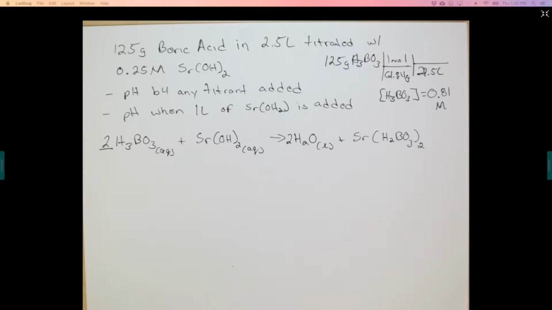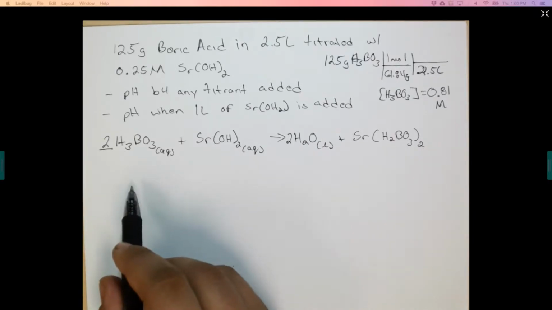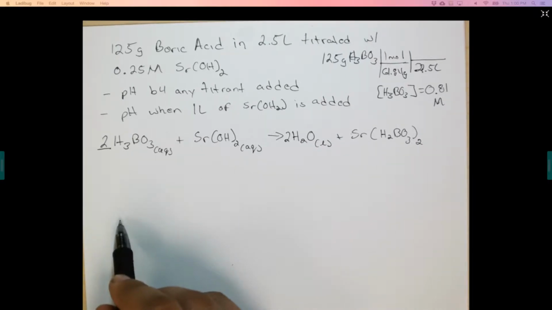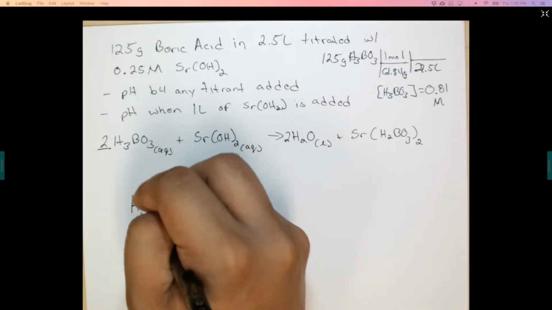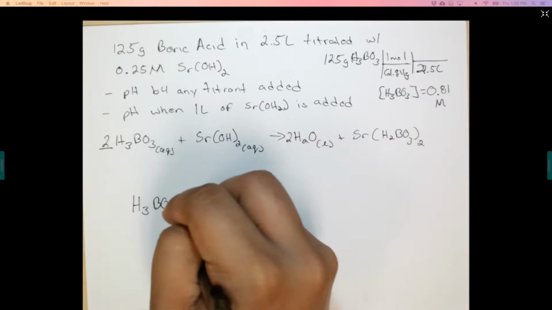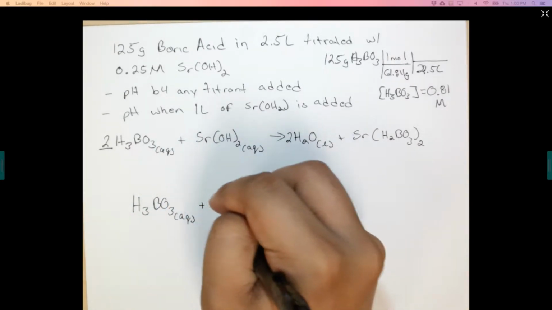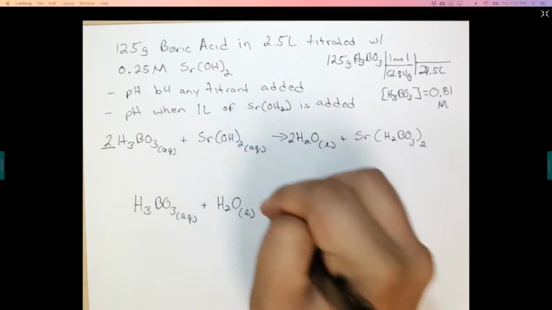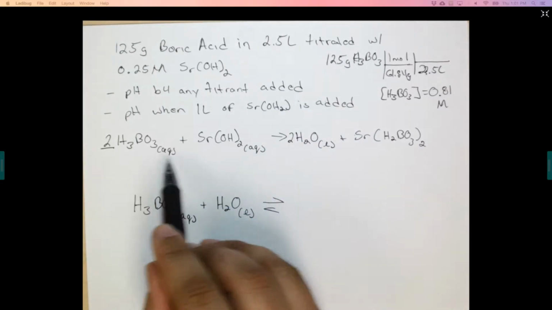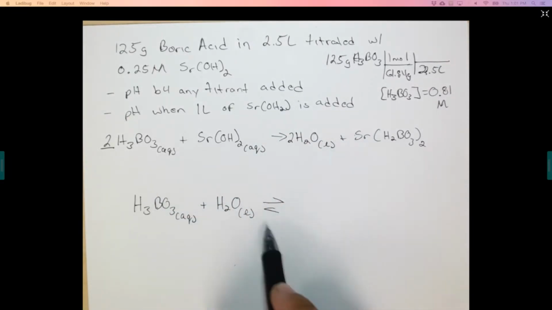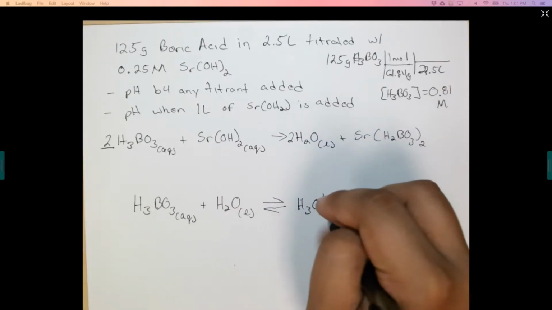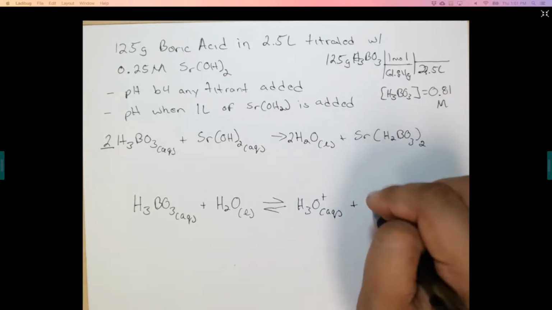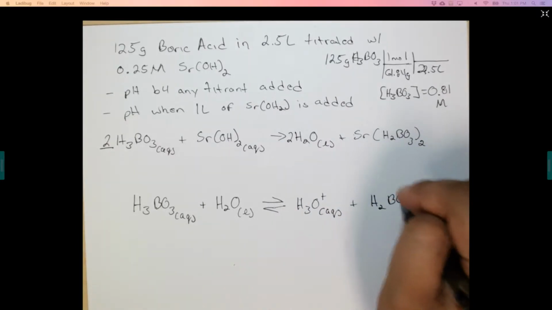Okay. And the first question that we've asked is the pH before any titrant is added, right? And the pH before any titrant is added takes into consideration our friend, acid-base equilibrium. So if we are in fact monoprotic and we are dealing with water in solution before we've done any kind of titration, we need to look at the equilibrium with water, and we are going to create hydronium ion and the conjugate base.